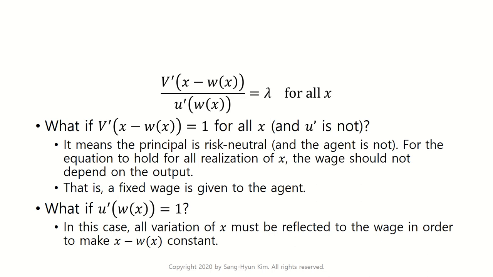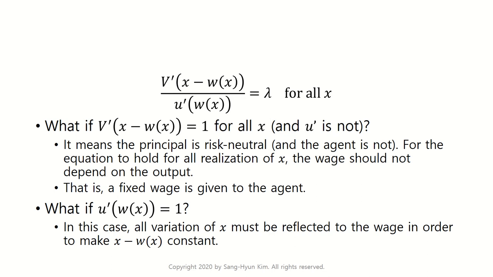So this is the optimal way to share the risk. Okay, and this is the first best contract. What about the effort? I said the effort is set at the optimal level, but I didn't show what that level is, but I will not show it. It's kind of straightforward to derive.